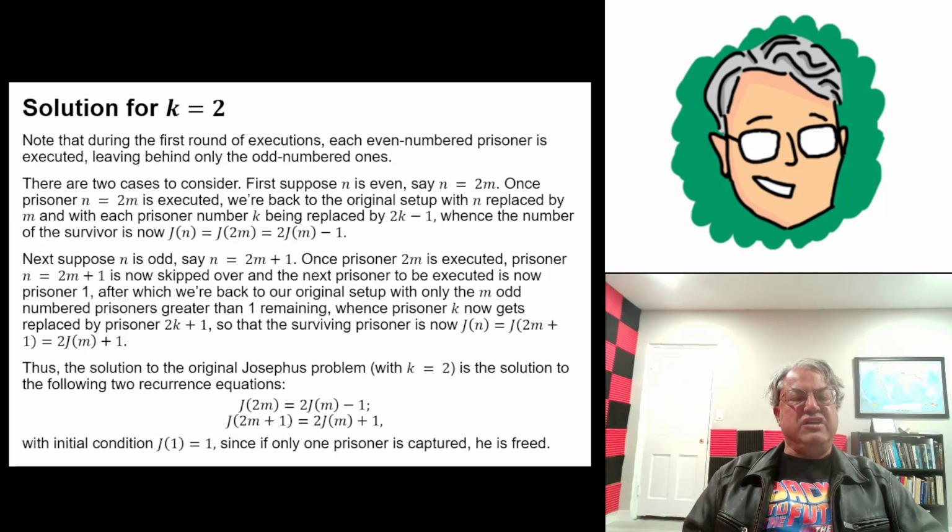And once the executioners have gone around the circle once, the problem is really the same problem you started with, because now you have just m prisoners left, where m is half of n, and now all the numbers of the prisoners are odd, and you can replace k, if k is the kth prisoner, with 2k minus 1.